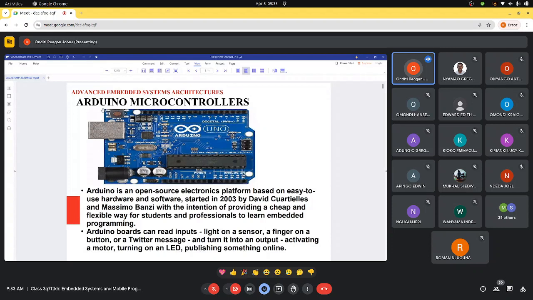How are we going to read inputs using specific LED lights? We're going to see how we are going to put a finger on a button to be able to have specific ports on these particular boards giving an output.